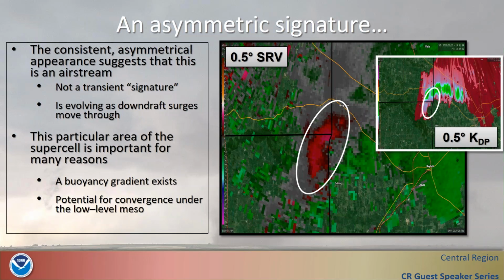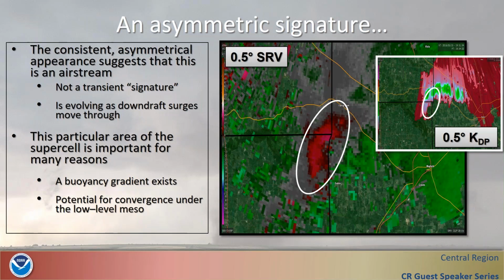But as you'll remember from some of the training in TWIP, and as we'll get into here in a little bit, this particular area of the supercell is pretty important for a variety of reasons. With that precipitation downdraft, this particular airstream is adjacent to a buoyancy gradient by definition, which means there is horizontal vorticity generation occurring in this airstream.